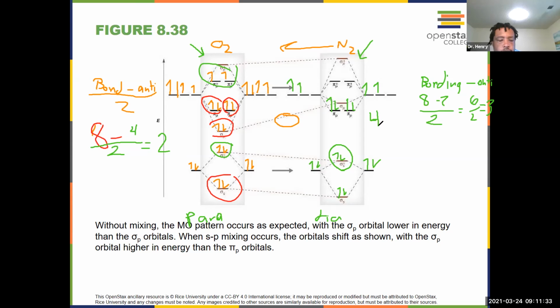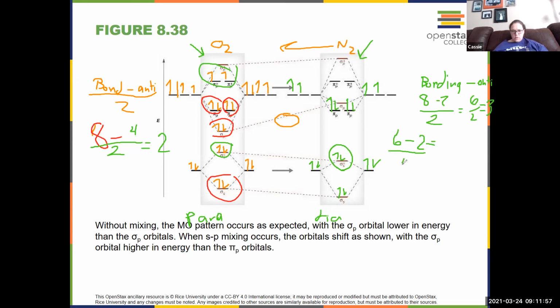Okay, so how many bonding? 4 or 6? 6. How many anti-bonding? 2. Wow, so we can form a C2, right? And how many bonds would that be? 2.